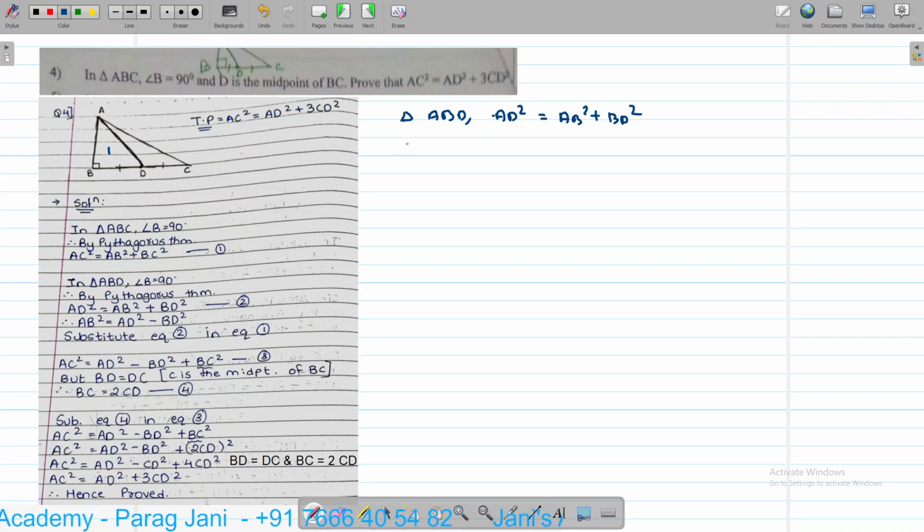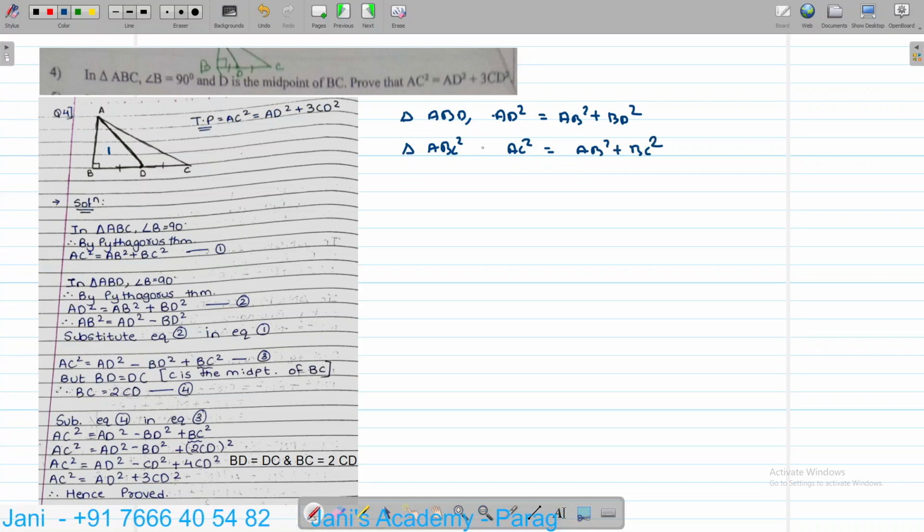In triangle ABD, the first triangle, the smaller one, here we will get AD square is equal to AB square plus BD square. And the bigger triangle, triangle ABC, here AC square is equal to AB square plus BC square.